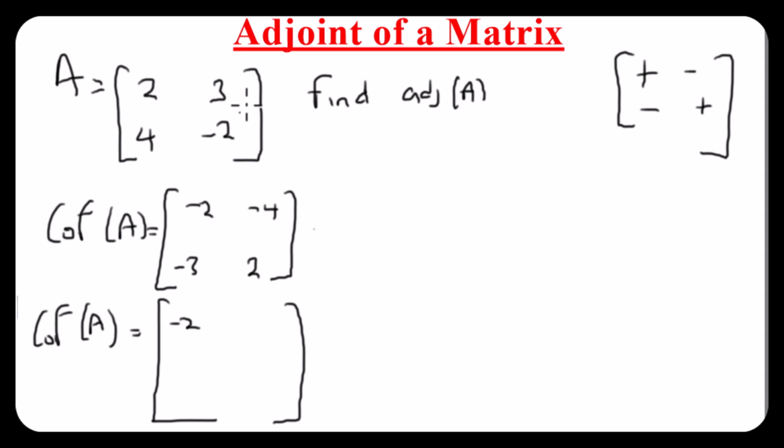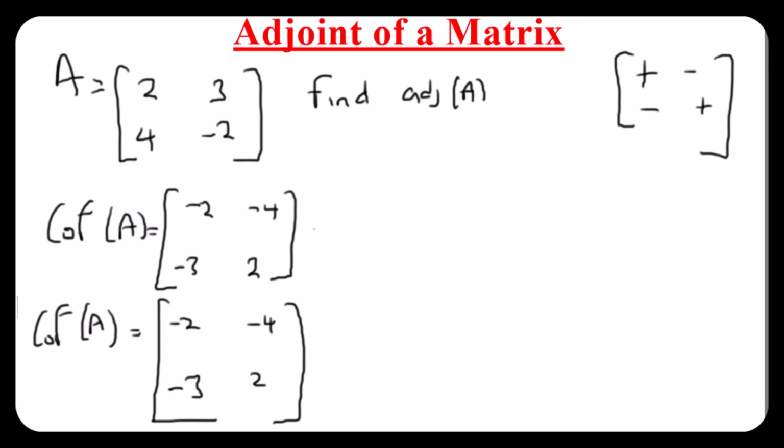Now the minor of 3 will be 4, but with a negative sign, so that's -4. The minor of 4, after striking out its row and column, will be 3, which will have a negative sign also. And lastly, the minor of -2 will be 2, which will have a positive sign. So you can see that this is the same thing.